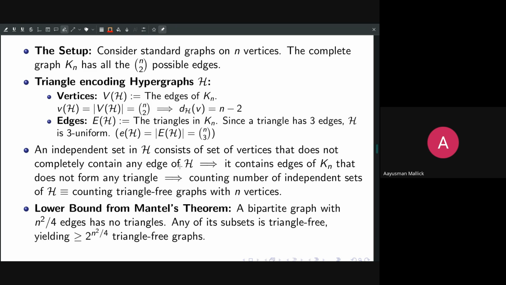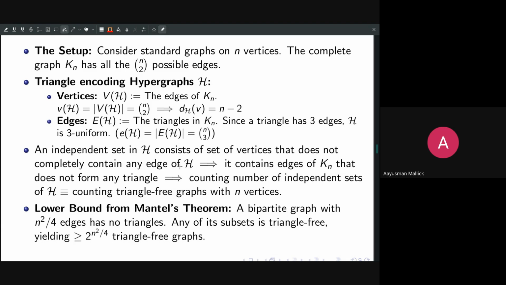Now here we are applying Mantel's theorem: at most, a bipartite graph with n squared by 4 edges has no triangles, and any of its subsets is also triangle free.